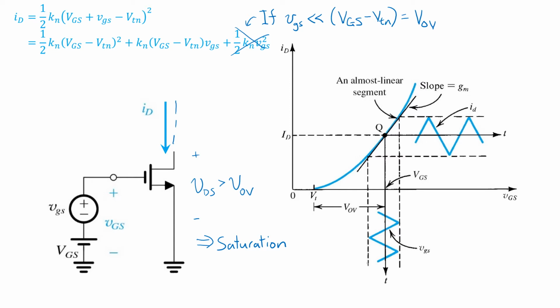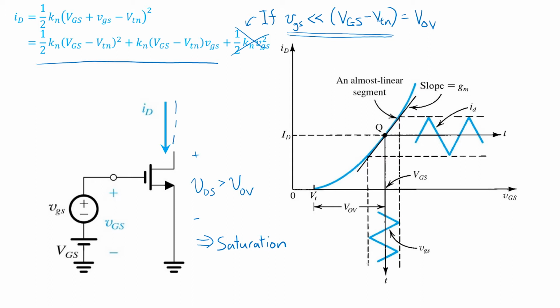So in this case, we can approximate the square law with the simplified expression consisting of only these two terms. This condition here is therefore the condition that's required to make use of the small signal approximation.